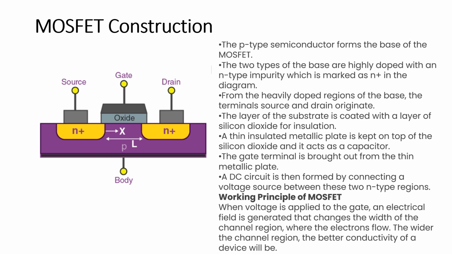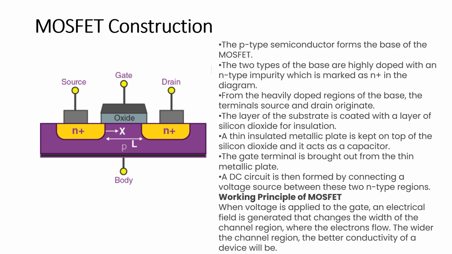A thin insulated metallic plate is kept on top of the silicon dioxide, forming a capacitor, and the gate terminal is brought out from the thin metallic plate. The DC circuit is then formed by connecting a voltage source between these 2 N-type regions. Now, what is the working principle of a MOSFET?